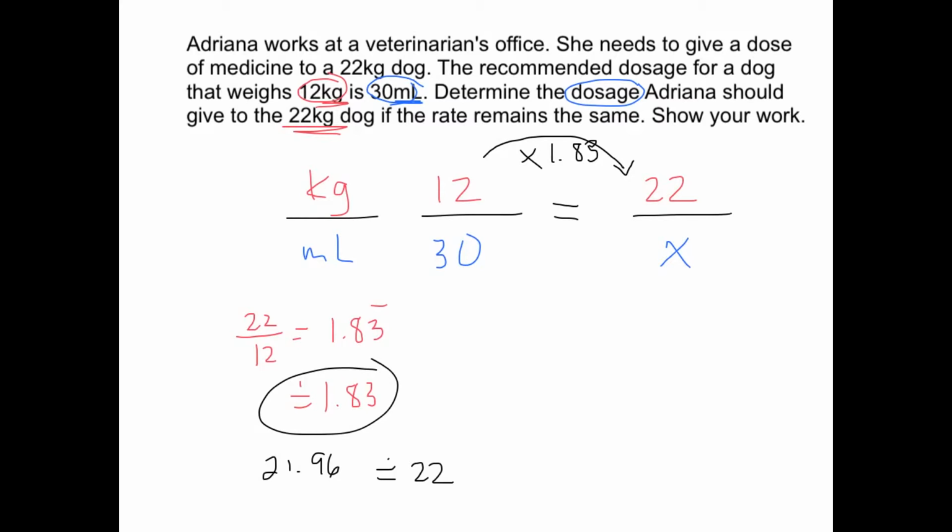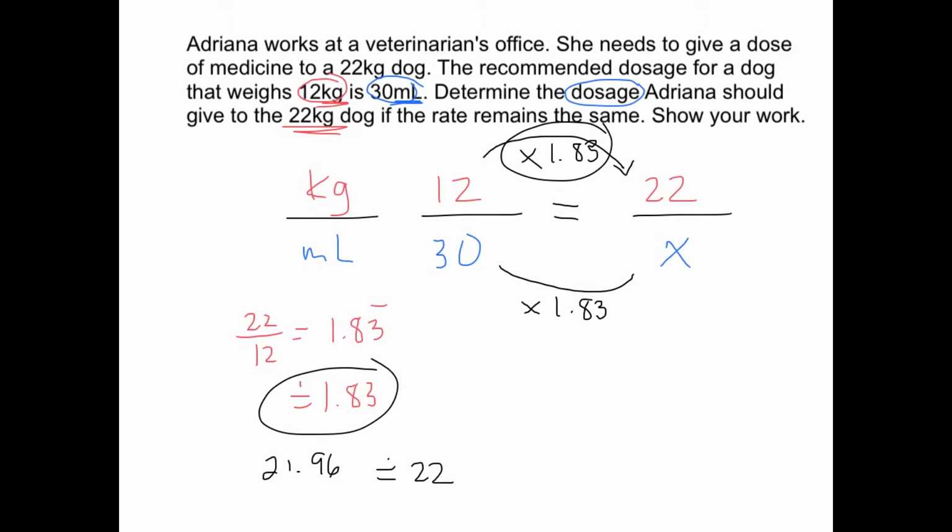Let's finish this method, and then I'll show you another method that might be a little more accurate for this question. Well, since we know the scale factor now is 1.83, what do you think I need to do to the denominator? Whatever you do to the numerator, you must do to the denominator. So in order to find x, I would multiply 30 by 1.83. Try that on your calculator.